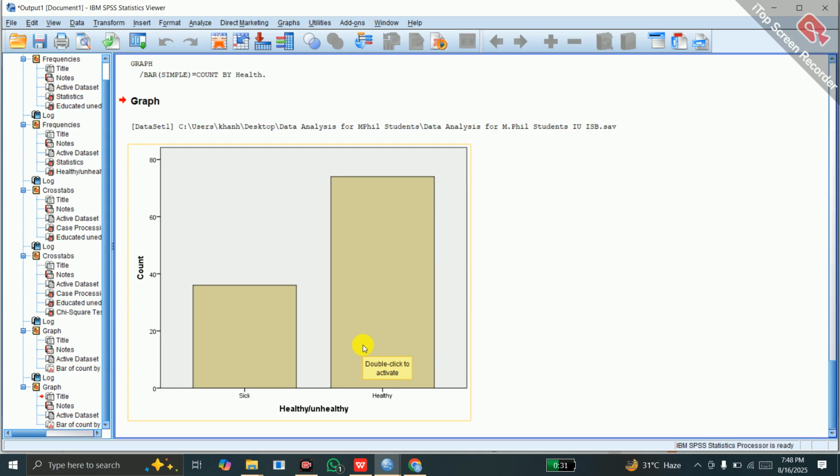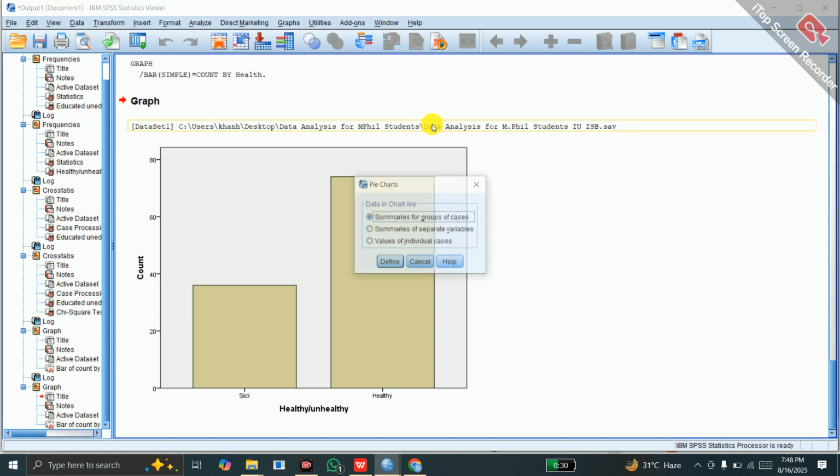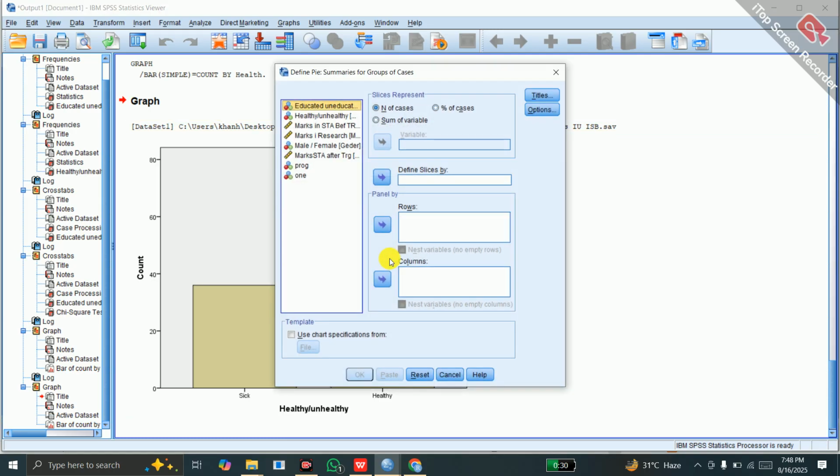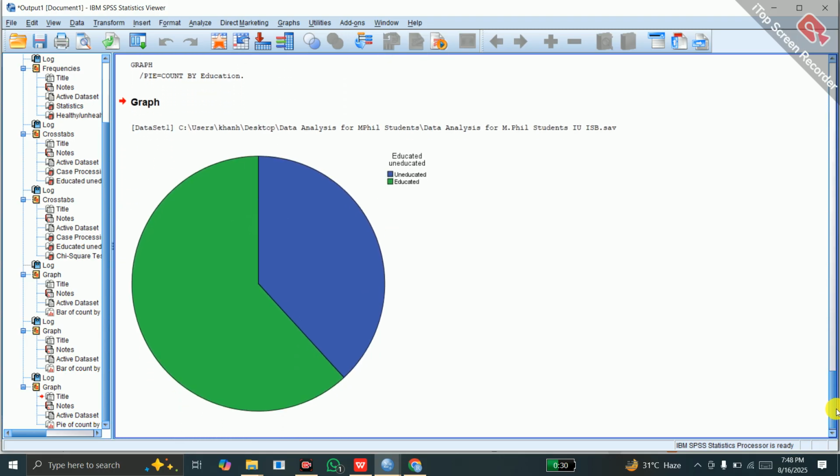I can also draw a pie chart of both of these variables, that is education and health. So let me start with the pie chart of education first. So this is the pie chart of education.